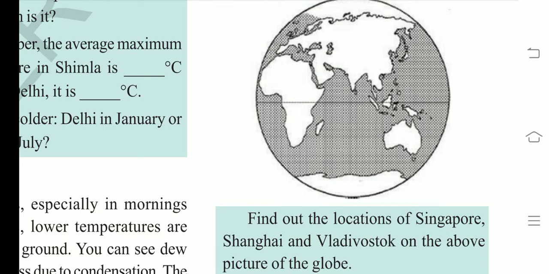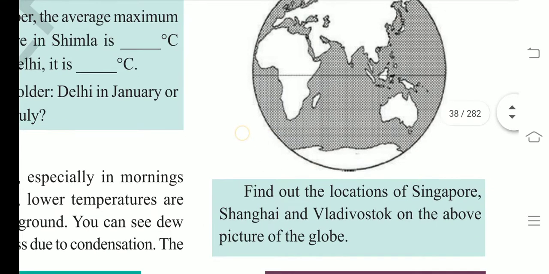So the places far from the equator will receive less insolation and record lower temperatures, and the places which are near to the equator will receive high insolation and record high temperatures.